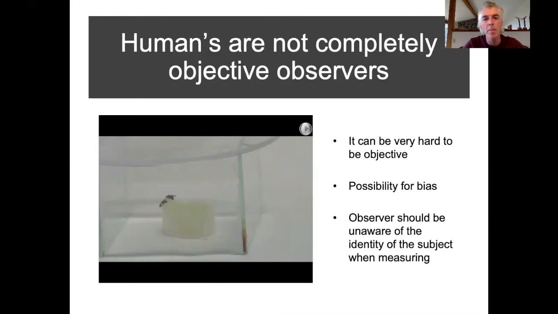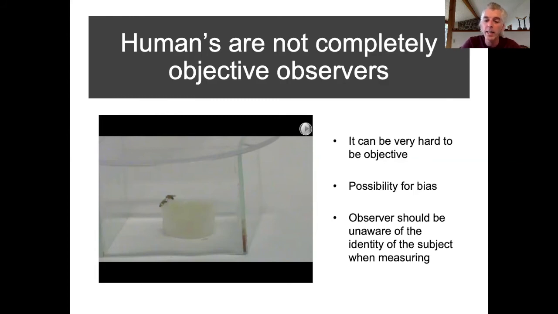In addition to not being objective subjects, humans are also not completely objective observers. Sometimes our data collection can be influenced by our knowledge of what treatments the organisms have experienced that we are trying to collect data from.